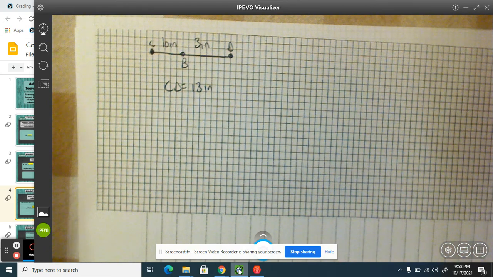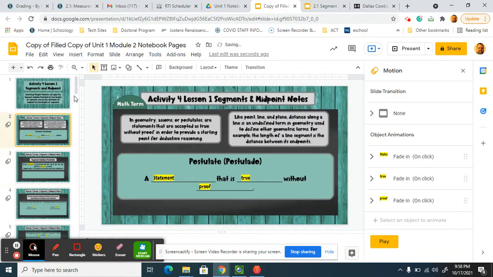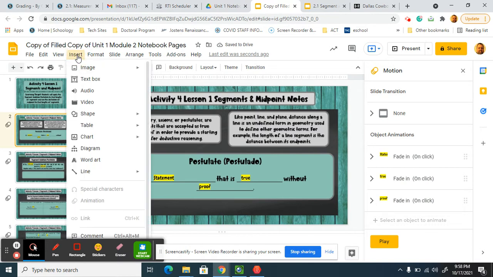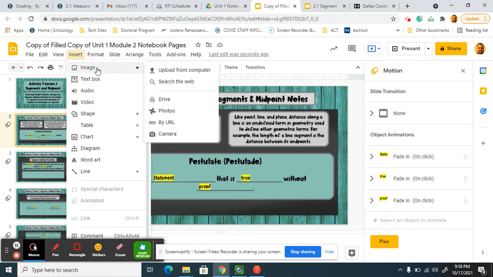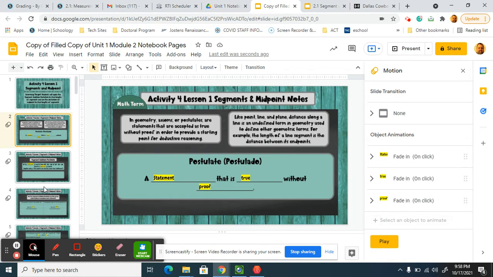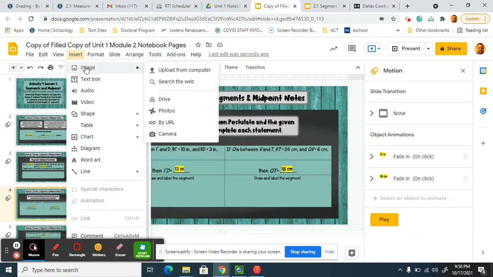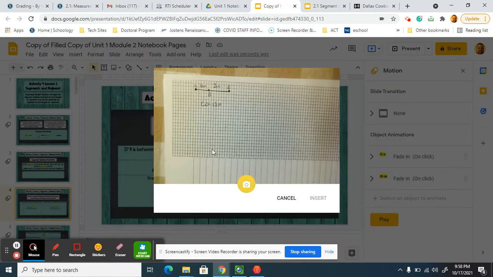So what I would do is you can either take a picture if you want to. Let me go back up here. Insert image by camera. Hold on a second. Let me get to the right slide. There we go. Insert image by camera again.